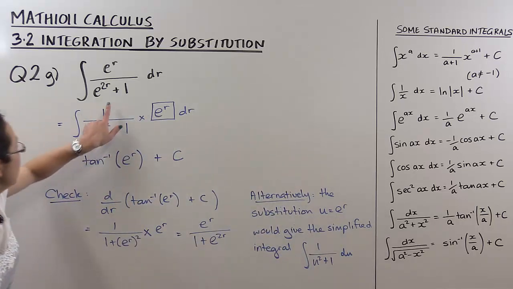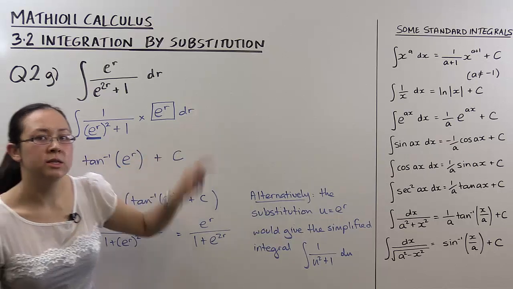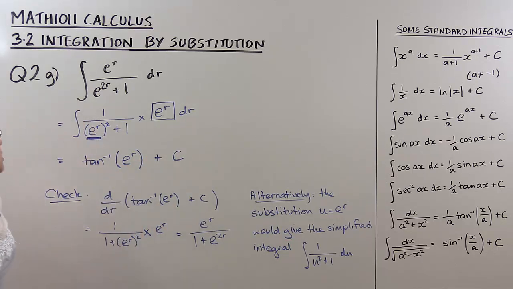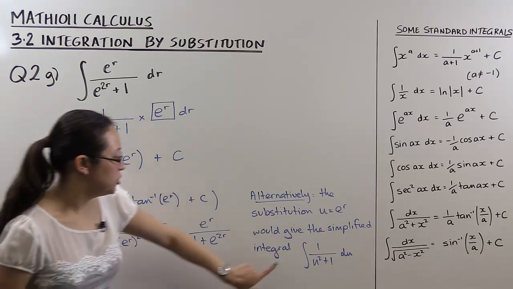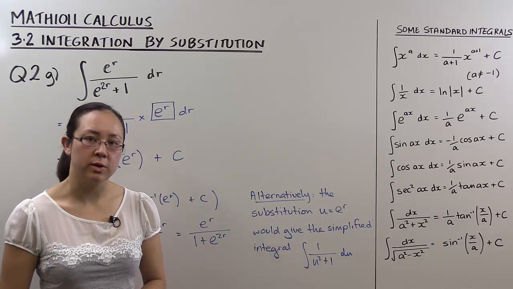So at this step, 1 on u squared plus 1, and this e to the r dr would become the du in that particular substitution. So by inspection, we're going straight to our answer. By substitution, you would go via this integral 1 on u squared plus 1 du there.